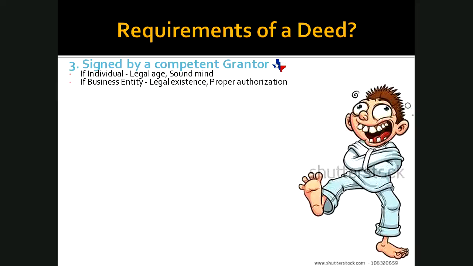Same thing for legal age. We don't let minors sell property because they might not make the best decisions. So you have to be legal age and sound mind to be a competent grantor if you're an individual.